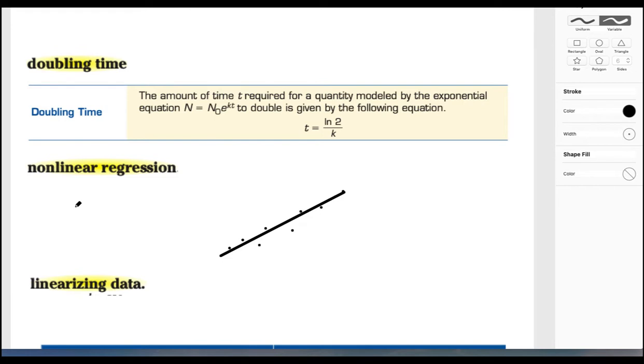We could also do regression with non-linear equations. This would be a linear regression if I assume that the data would fall in a linear way. Non-linear regression would look like us considering all of the functions that we've been working on, including polynomials, in order to fit the data. You'll see what that means in a moment.